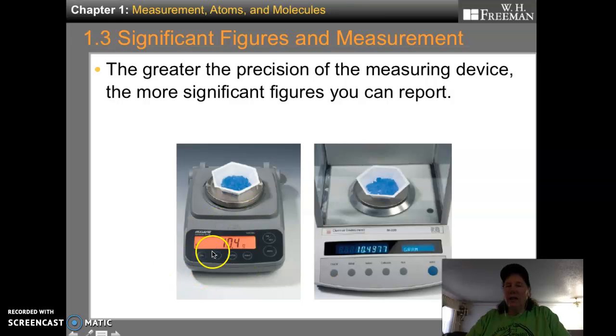For instance, if I do a calculation with this, if I'm multiplying, I can only have three what they call significant figures, and I'll talk more about those in a minute. On this one, I can have 1, 2, 3, 4, 5, 6, 7. So when you're doing calculations, you need to look at the number of significant figures. That tells you how accurate your answers are.